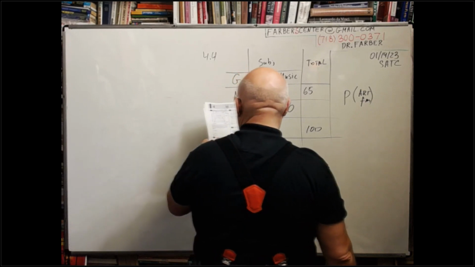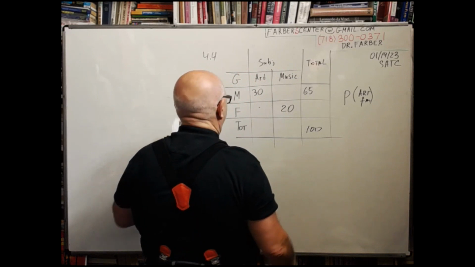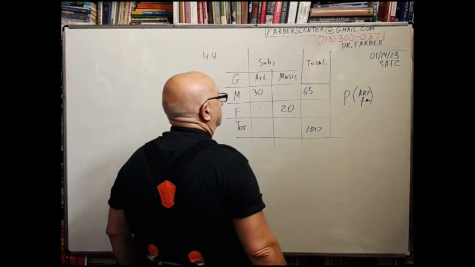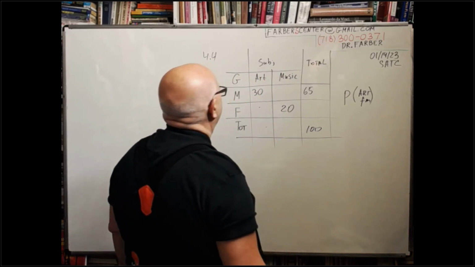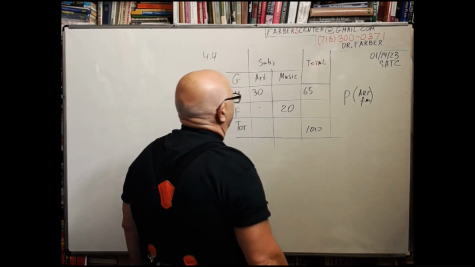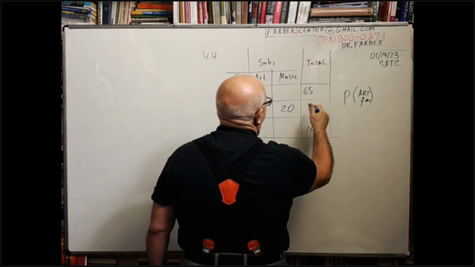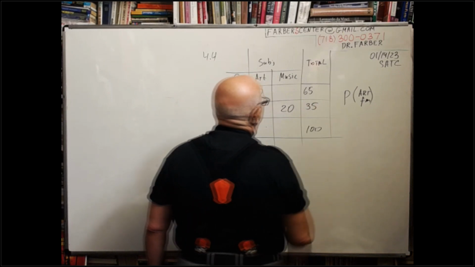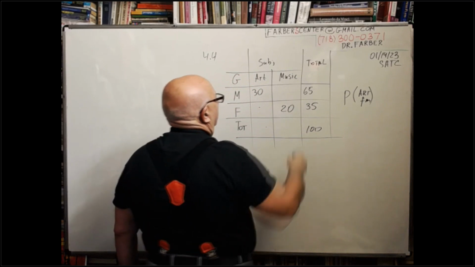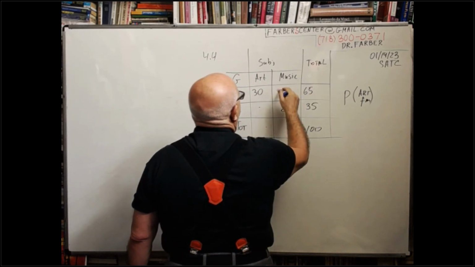What is the probability of art for this value? Okay. Based on this, you can easily find it. For instance, if this is 65, this is 100, step number 1, this must be 35. Check it. If this is 65 total, this is 30, this must be 35.